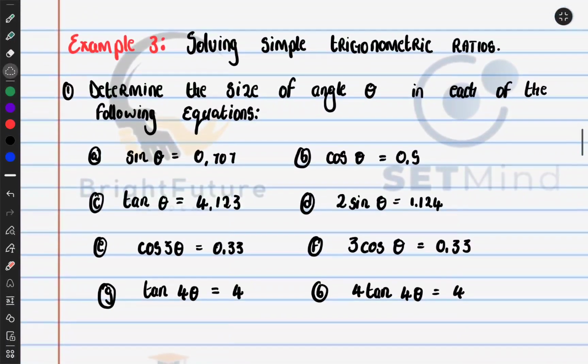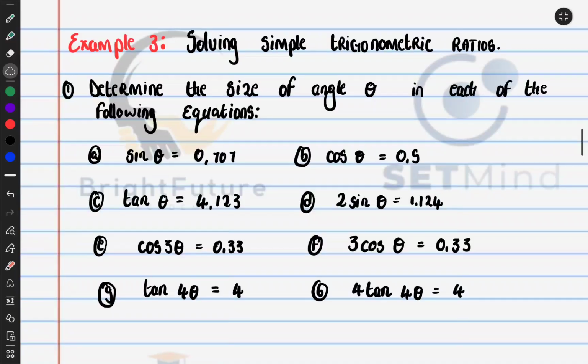Next, it's another example, solving simple trigonometric ratios. Now we have to determine the size of angle theta in each of the following equations. With this equation that we are given here, what do we have to do?